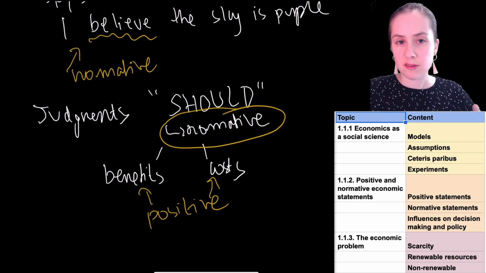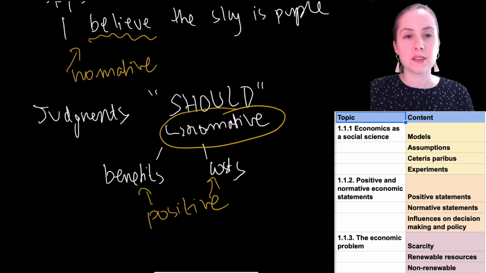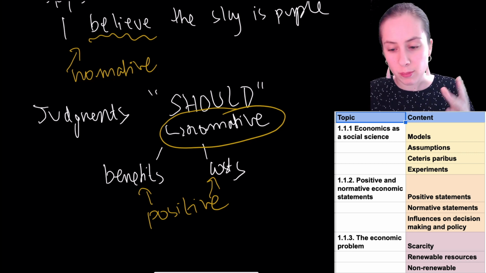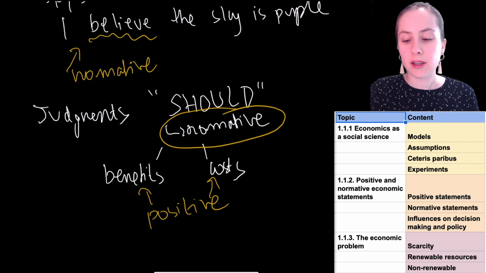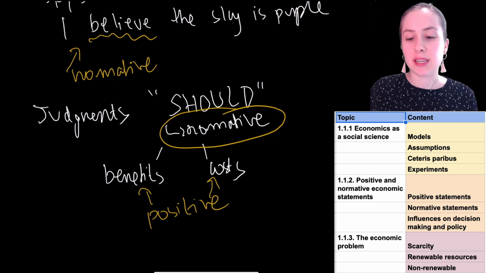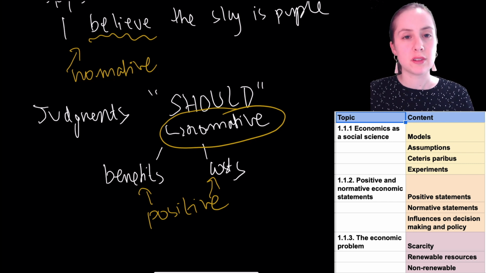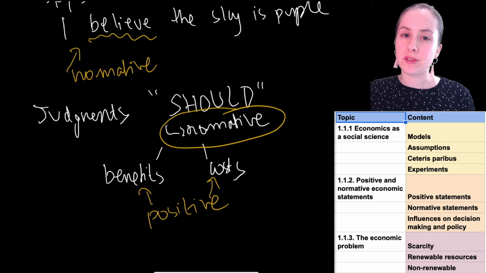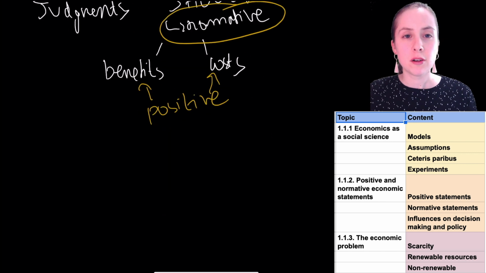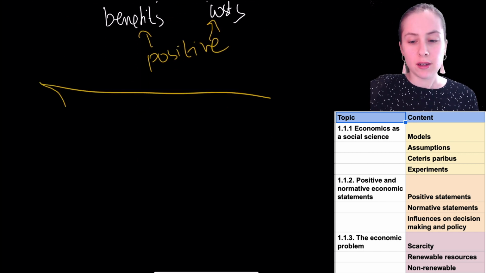Now that's not to say that positive statements are always correct. Remember, positive statements can be wrong. They are just testable. So what I'm really saying is I hope policy making uses a lot of normative statements, but very sensibly backed up with as accurate as possible positive statements. Therefore, policy making uses both, and both are important for the kind of society that we have.